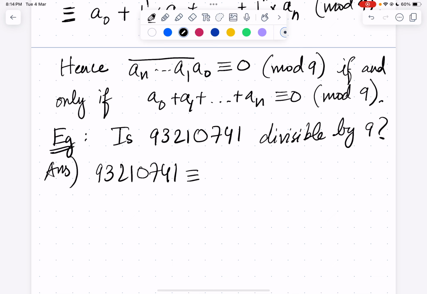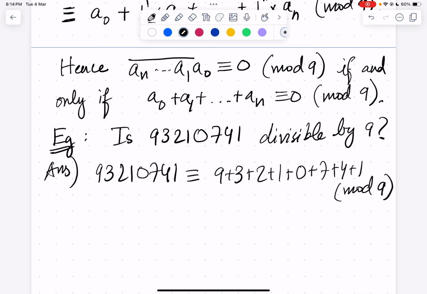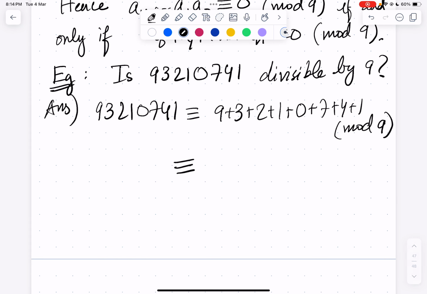So we have 932100741 is congruent to 9 plus 3 plus 2 plus 1 plus 0 plus 7 plus 4 plus 1 mod 9. So this is congruent to 0 plus 3 plus 2 is 5, and 9 is congruent to 0 mod 9. 3 plus 2 plus 1 is 6 mod 9, plus 0 plus 7 plus 4 is 11, which is congruent to 2 mod 9, plus 1 mod 9.